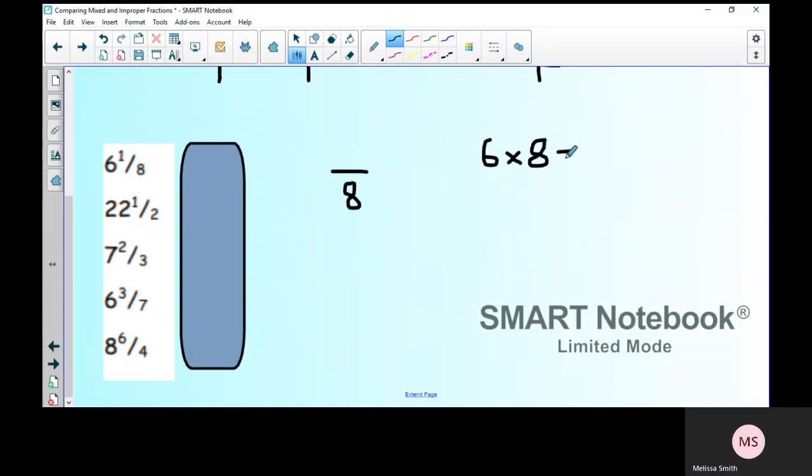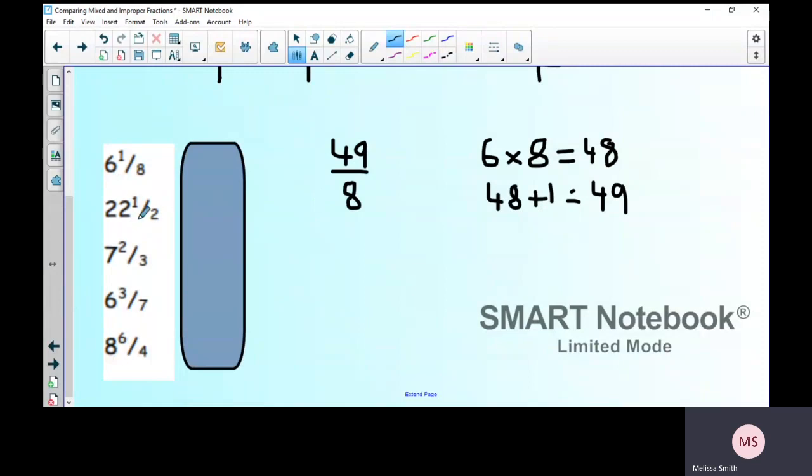Six times 8, which is 48. And then step 3, you add the numerator. So 48 add 1 equals 49. So 6 and 1/8 is equivalent to 49/8.